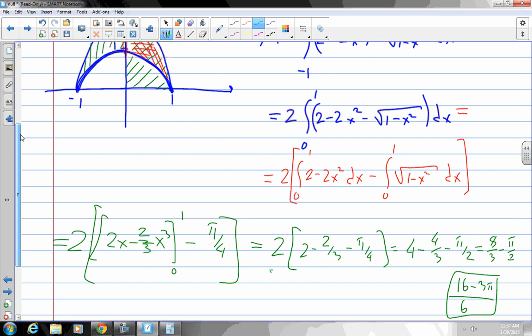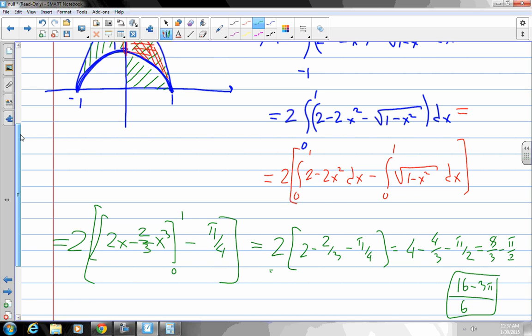So how would I do x bar? Now, look at the picture.